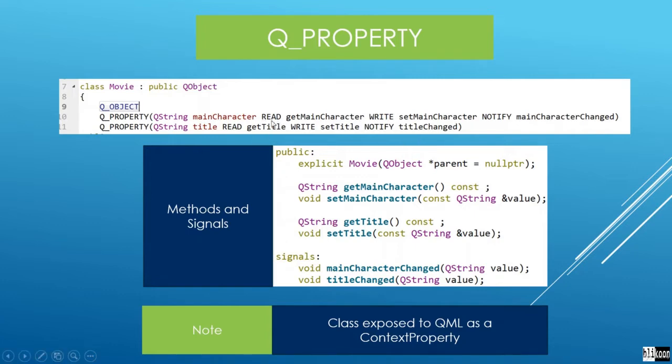You provide a getter method that is flagged by the read string here, a setter method that is flagged by the write string here, and a notify method that is going to be the signal that you emit anytime something changes about the field here. And you see the setter and getter methods here, and you see the signals implemented here. And one other thing you should know, we are going to expose this class as a context property, and we are going to have things wired automatically for us.